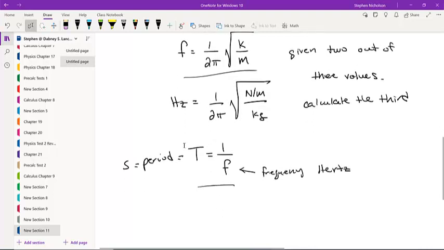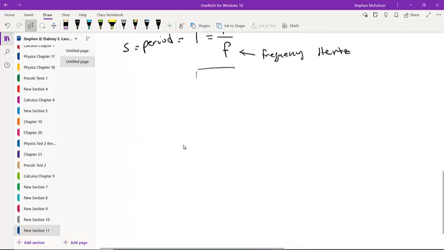Okay, the second thing in this chapter was waves on strings, specifically standing waves.